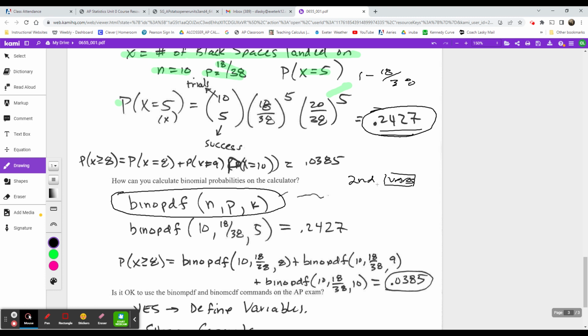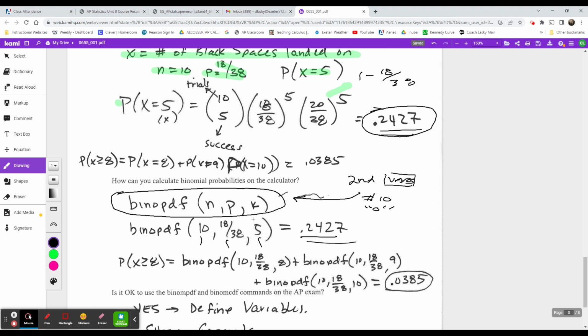You scroll all the way down to number 10, which in the calculator is 0, and pick binomial PDF. Then you put in the number of trials, the probability, and 5. When you hit enter, it kicks out your probability.